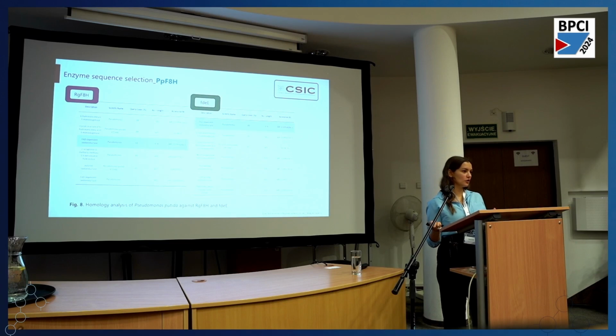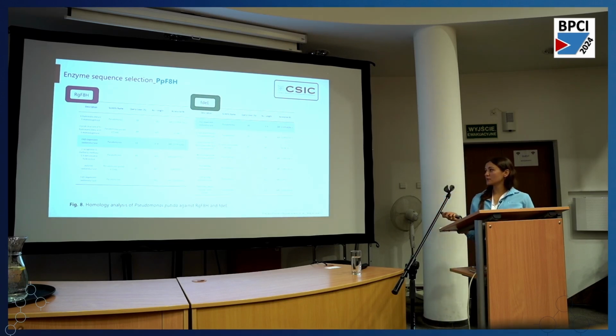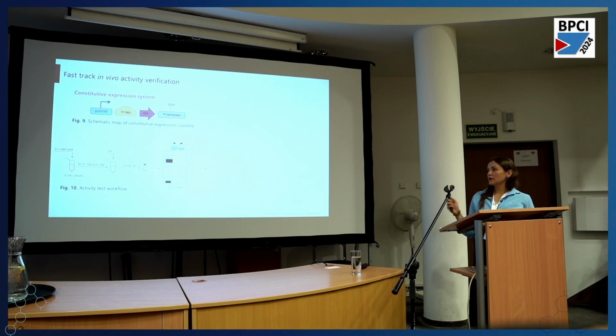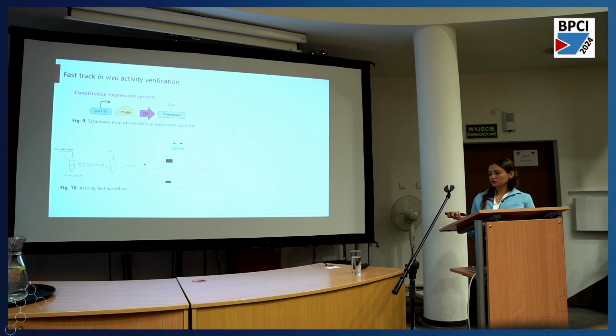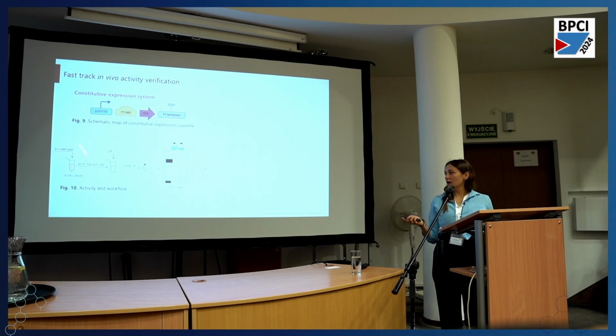So after all this work, including all the sequence selection, we decided to clone each of them together with the J23 promoter and run an in vitro assay using naringenin as a substrate.